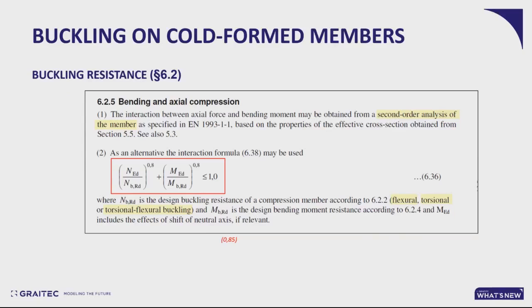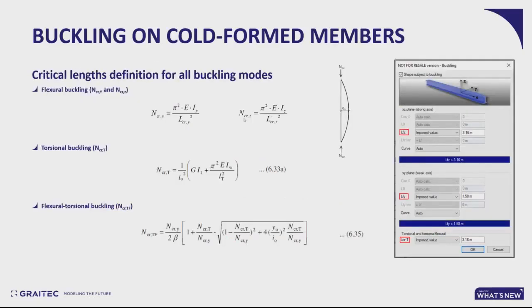The buckling effects cover the well-known flexural buckling, where the axial force produces a deflection of the member that can lead to failure. This flexural buckling uses a critical length that can be defined in the buckling dialog. But then comes the torsional buckling. The axial force produces a twist of the section.